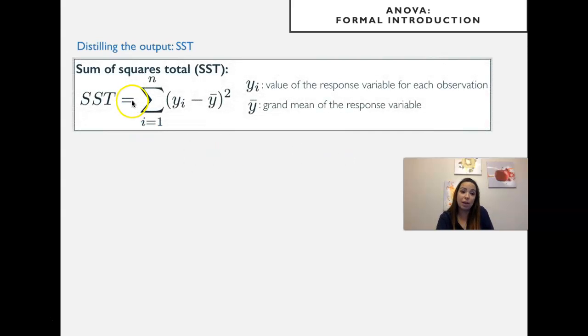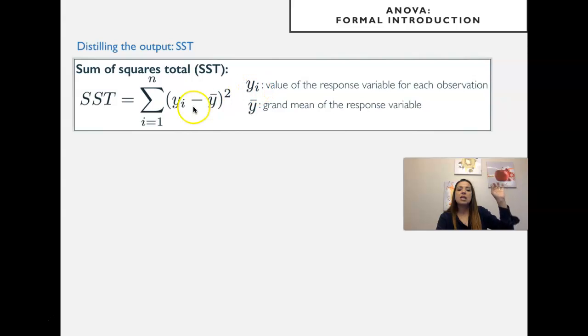So here's the formula. This is the overall mean, the grand mean of the response variable. Why are we calling it the grand mean? To differentiate from the group mean. The grand mean is the mean across all of the groups. You get the scores of every single participant, sum them, divide by the number of participants, you get this one.